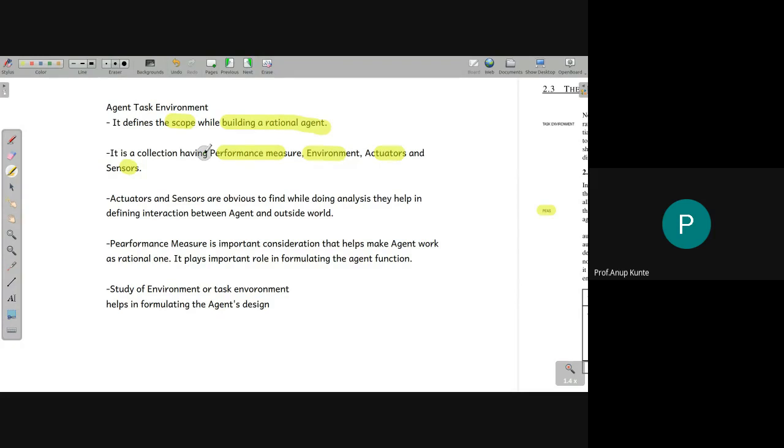Okay, ultimately what you want is to write an agent program. That program together with other agent programs will be acting as your software that you are going to refer to as an intelligent software. So the rational agent is providing you that abstract view wherein these four things are important.